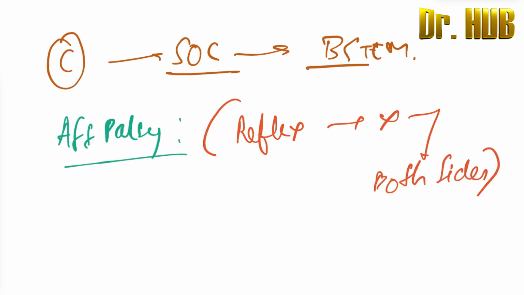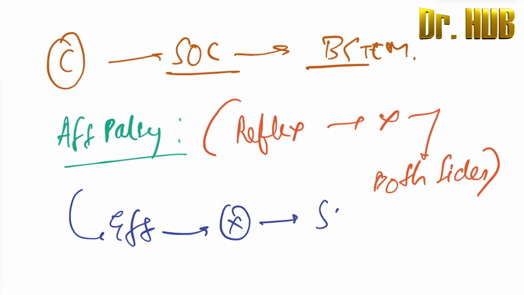Now looking at efferent palsy, the reflex is absent only on the side of the lesion. So afferent affects both sides, and efferent only the side of the lesion.